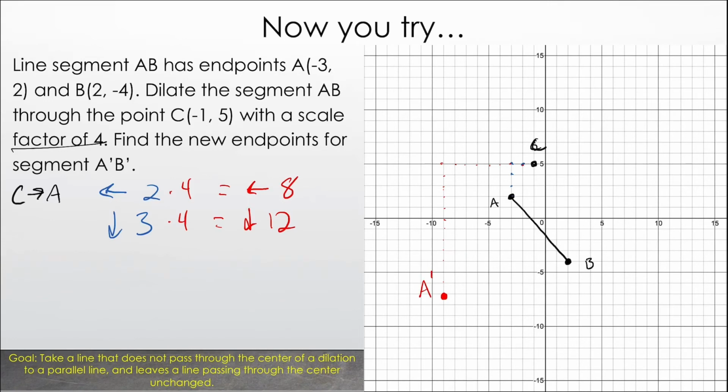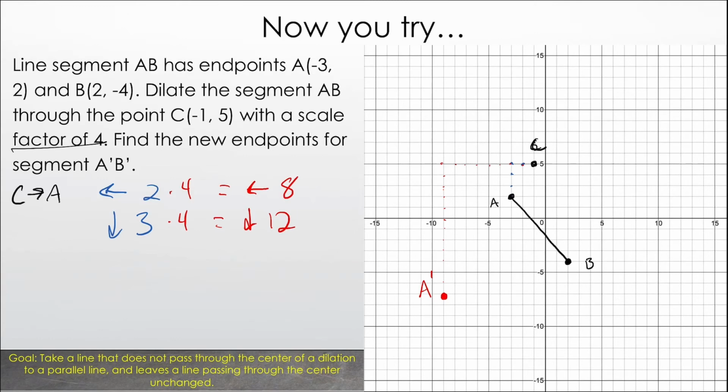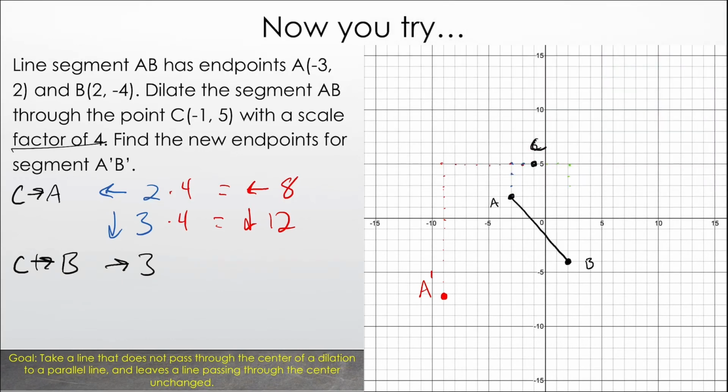Okay, and then to get to B, man, did I make two things that are off the grid? To get from C to B, I'm going to go right 3 and down 9. Definitely down 9.